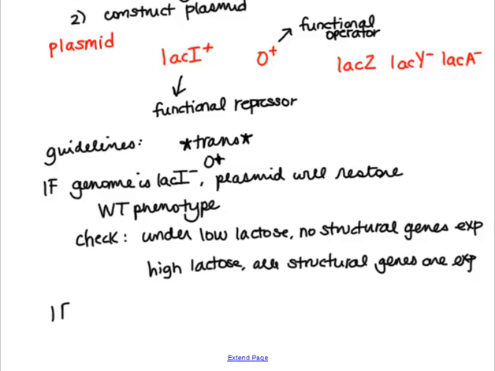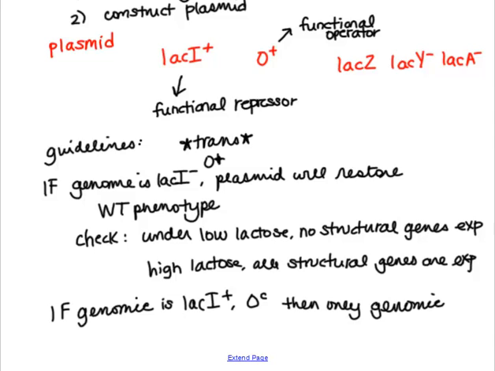Okay, however now, if the genomic copy had a normal LAC-I plus, but then had the constitutive operator, this will have some different guidelines. So if the mutant genome was LAC-OC, and remember it's only one or the other, he's narrowed it down to the two, and he's just trying to distinguish which one it is, then only genomic structural genes will always be expressed.